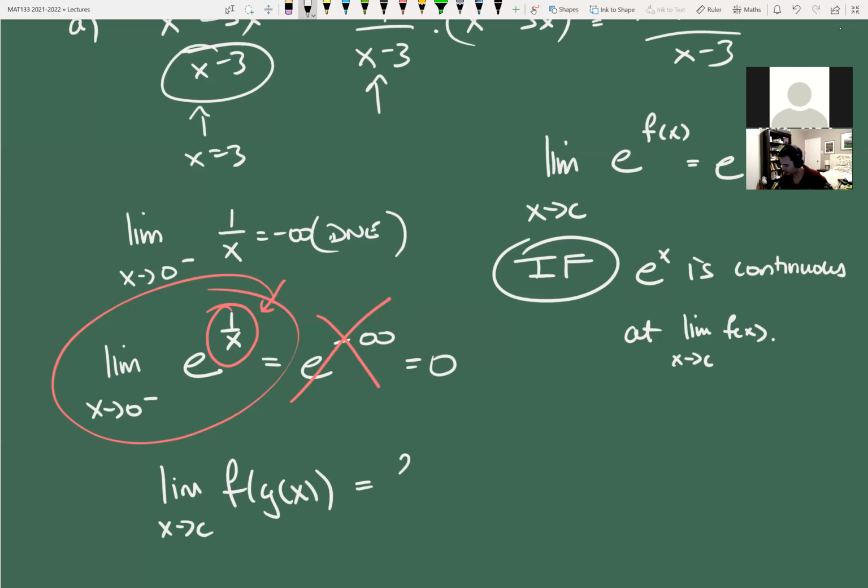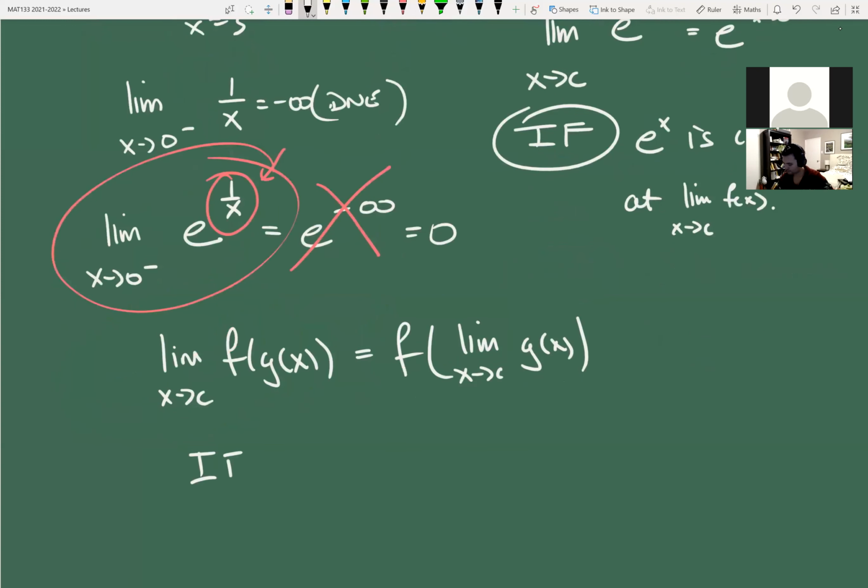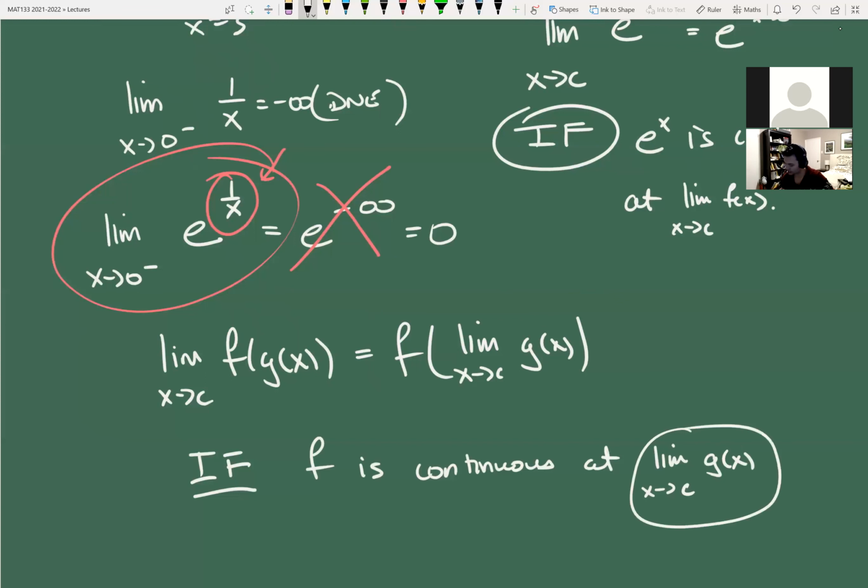The limit as x goes to c of f of g of x is equal to f of the limit as x approaches c of g of x, if f is continuous at this number. So this number has to exist and f has to be continuous there, and then you're allowed to take the limit inside. So, Saeem, does that also answer your question from before?